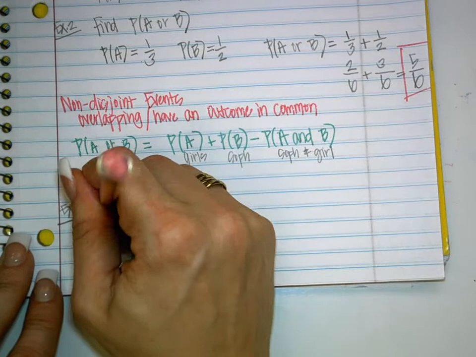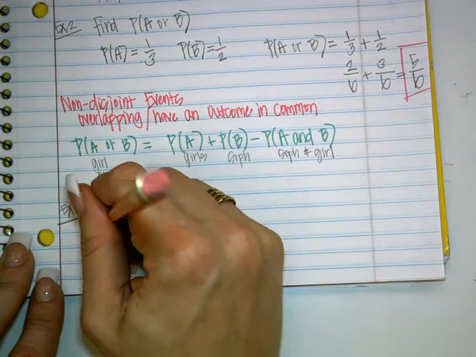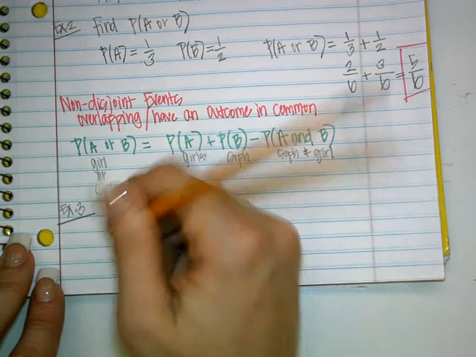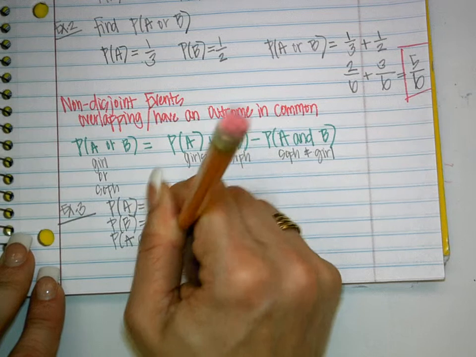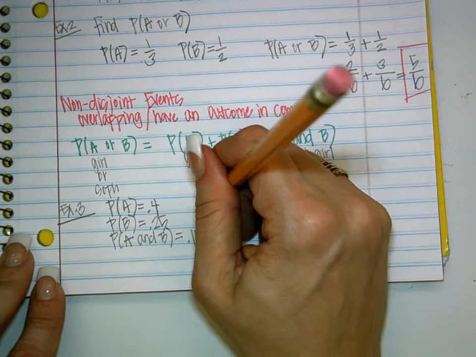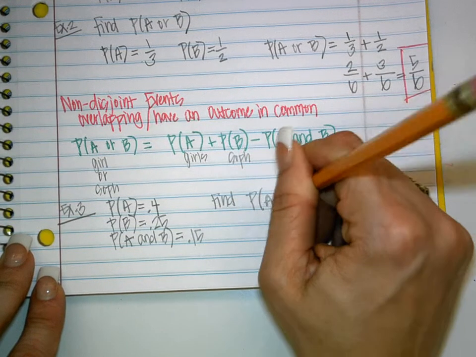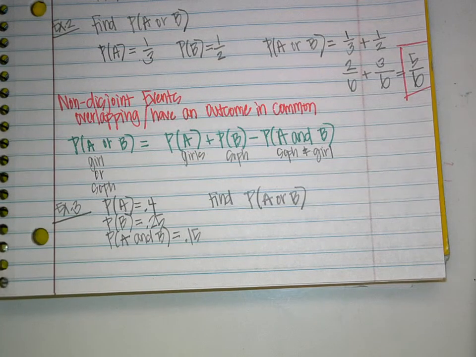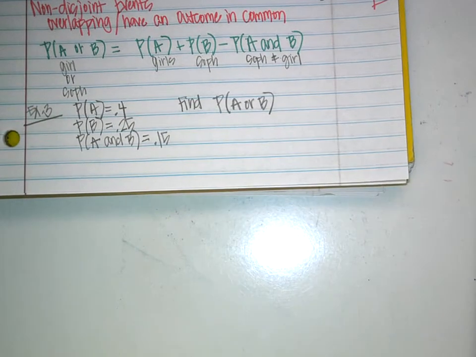If you're given that the probability of A is equal to 0.4, the probability of B is equal to 0.25, and the probability of being both A and B is equal to 0.15, I'd like you to find the probability of picking one or the other. If I'm just picking one person, how do I find the probability of it being one or the other?